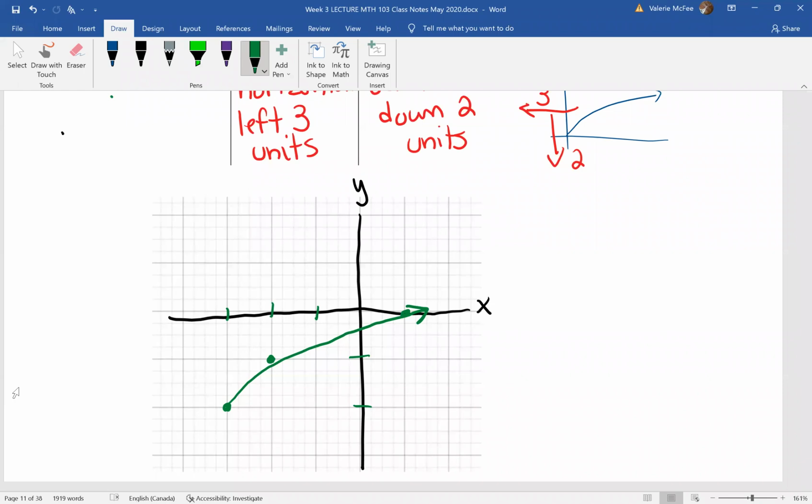This is what your graph should look like. Remember, the first basic function started at 0, 0. We shifted it left 3 units and down 2 units. Find the domain and range for this function.